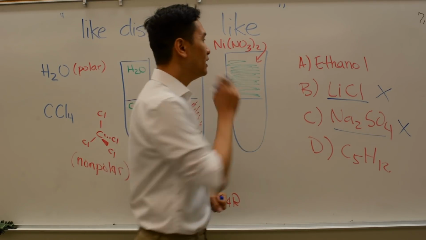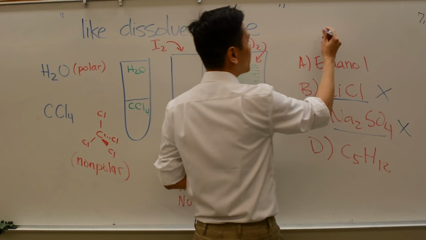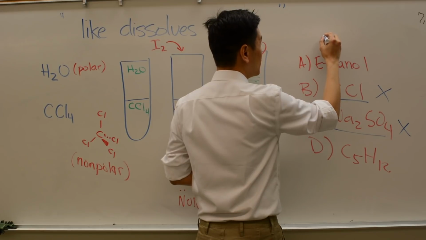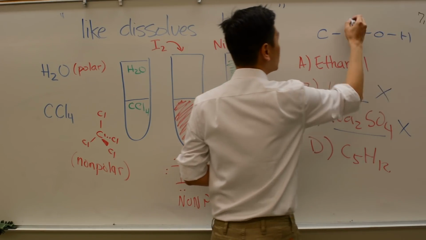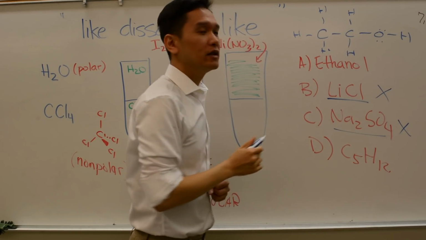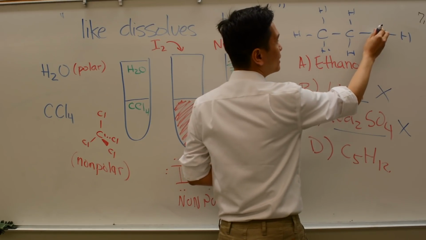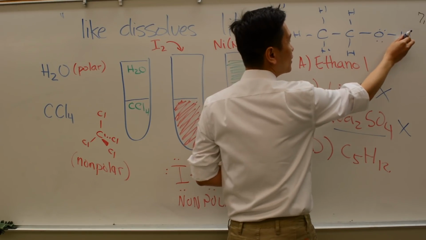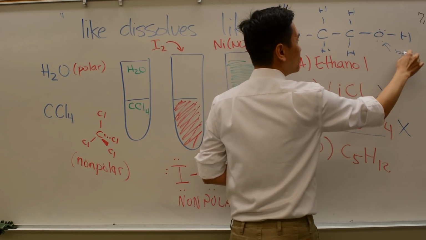Okay, so if you want to look up what ethanol is, I think I gave you a structure for ethanol in the previous slides. Ethanol looks like this: carbon, oxygen, hydrogen. Ooh, you see that there's that oxygen right there? That oxygen, because it is 2 atoms connected with 2 lone pairs, has a bent shape.